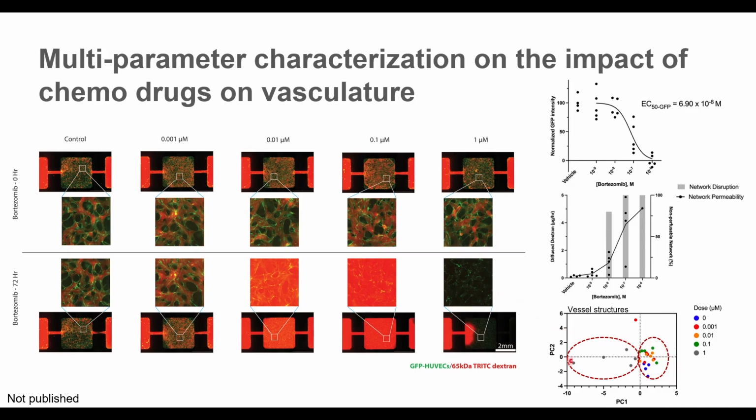But for the highest dosage, 1 micromolar of this drug, the structure has been significantly damaged, and it clustered away from the no treatment controls, right? So it shows a significant difference. But what we can learn from this is that it seems permeability measurement, at least for this particular drug, is even more sensitive than structural analysis or viability analysis in uncovering these toxicity effects at these lower dosage values.